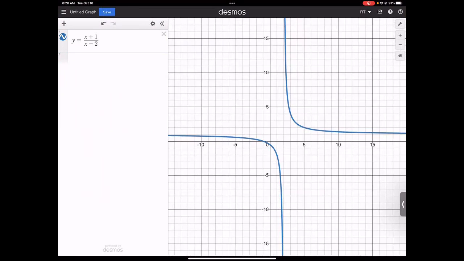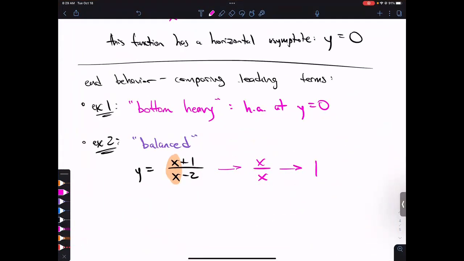Up, down, level? These, not the stuff in the middle. We're talking end behavior, so left and right. Level, flat, horizontal. That one goes that way, that one goes that way. If that's the case, we also need to say where. Where do they level off? Looks like 1. Where do we see 1 show up? Right there.